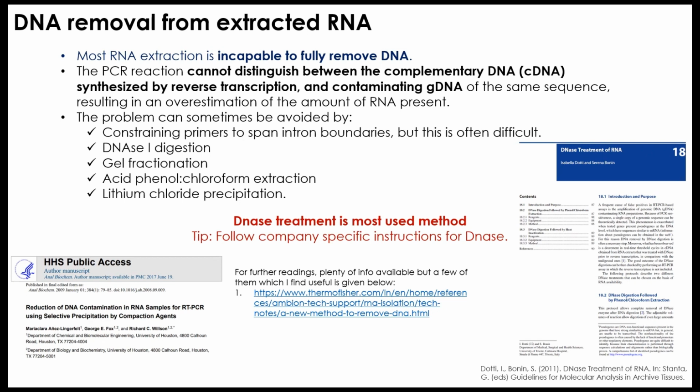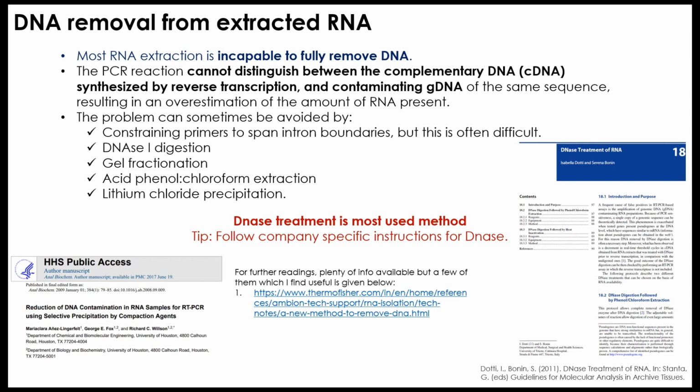So when you are doing the PCR, if the gDNA is also contributing to your template, then there will be an overestimation of the amount of the RNA present or the gene expression, right? So this could be a problematic result, or it could not be a very correct result when you make this kind of mistake. So generally you have to avoid that.